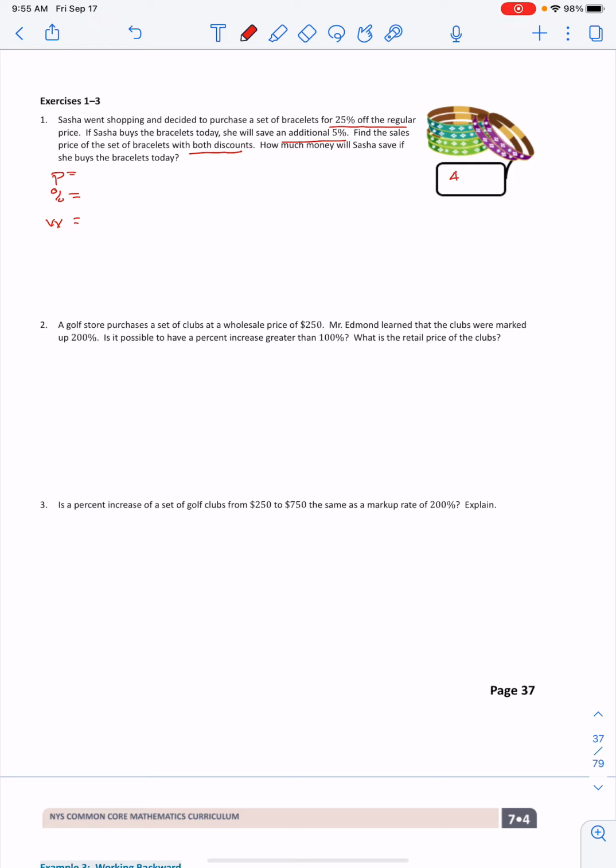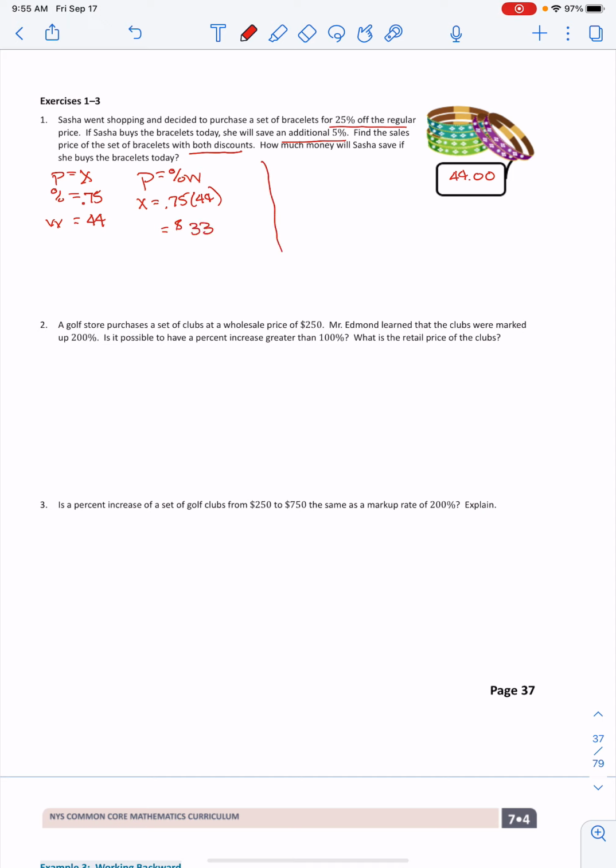It should be 44. So now our whole is 44. That's what the bracelets were. She gets 25% off, so we subtract that from 100, so it's 0.75, and we want the sale price. So we have X equals 0.75 times 44. So our sale price is $33.